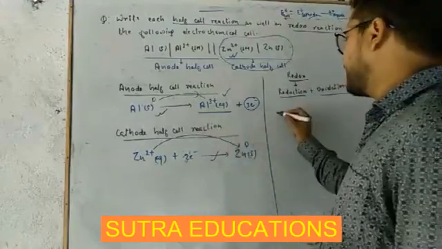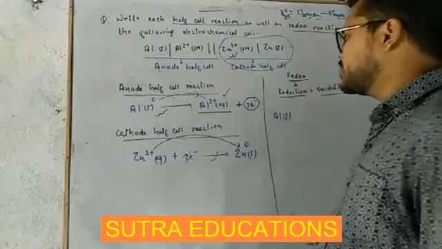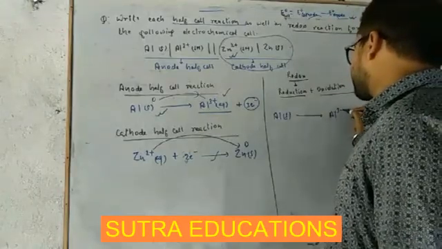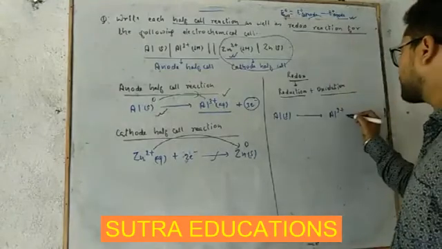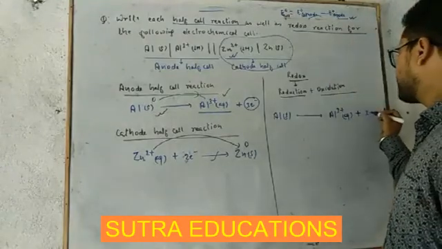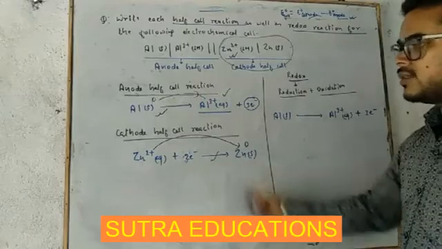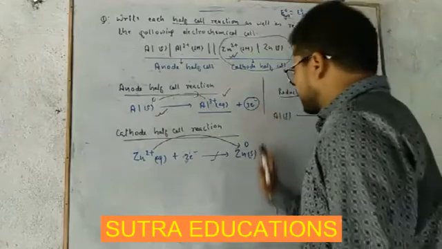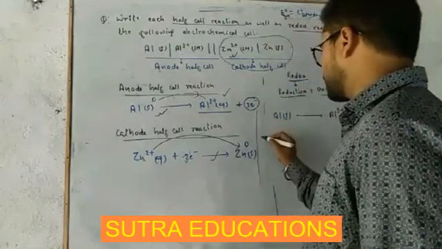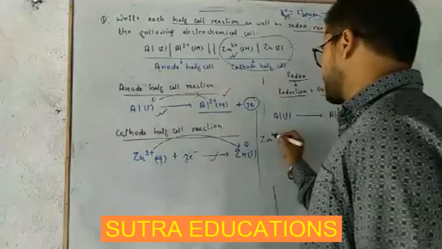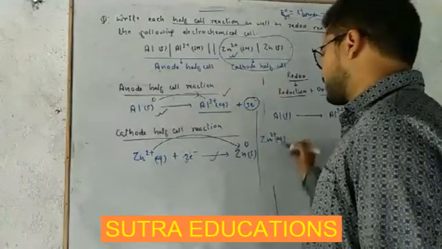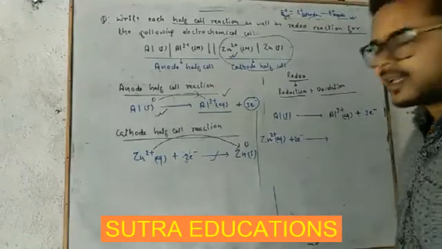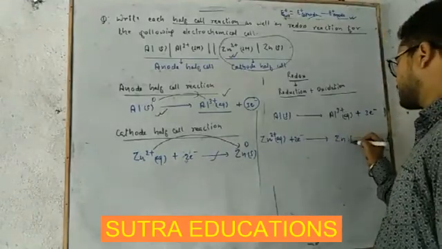So it is Al solid to Al3+ aqueous plus 3 electrons. This one is the reduction reaction: Zn2+ aqueous plus 2 electrons to solid Zn.